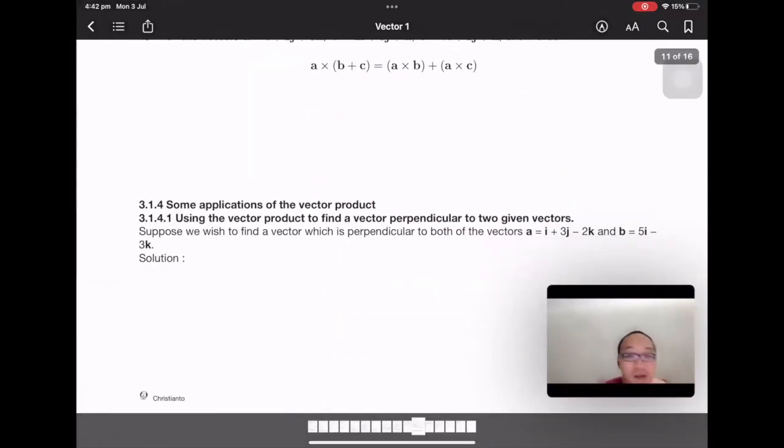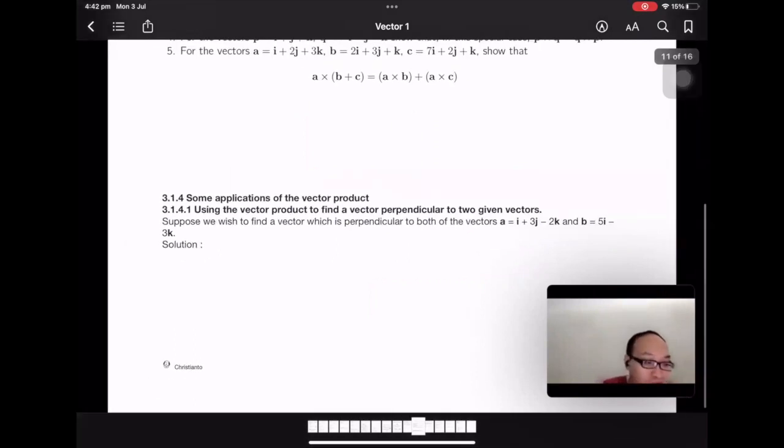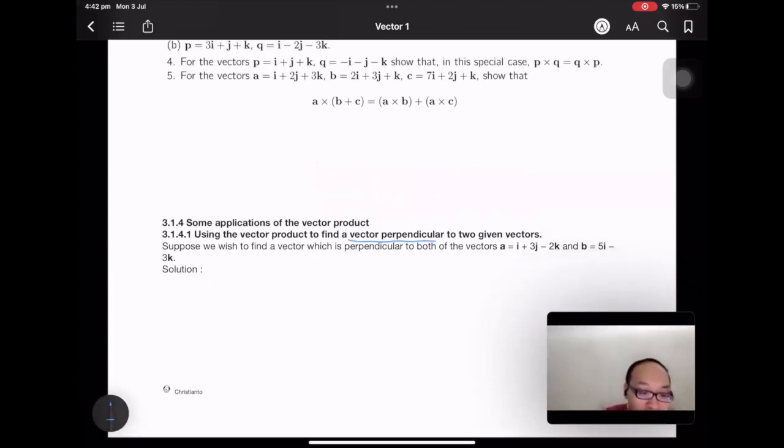Some applications of the vector products, of the cross products. I will discuss this first because this is not in the exam. So we can find a perpendicular vector.